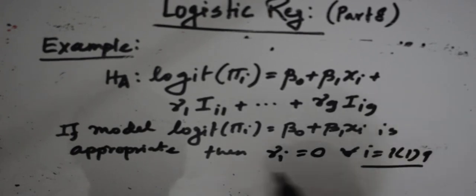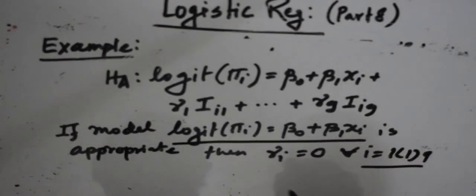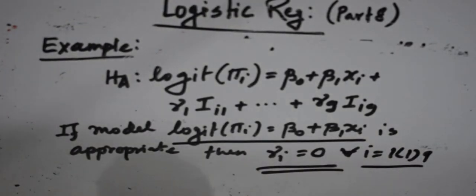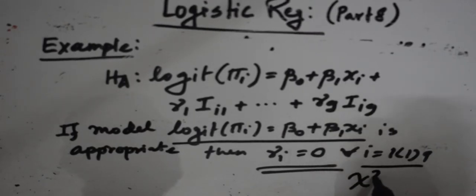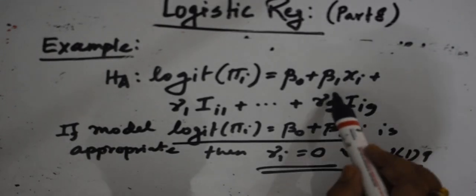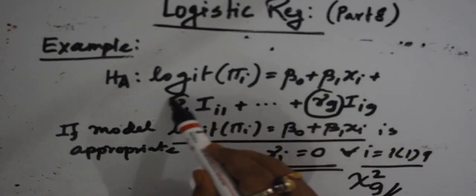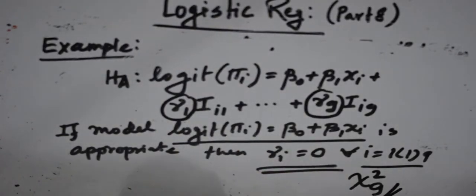So this is the null hypothesis, and each of these statistics would be approximated by chi-square with 9 degrees of freedom, because these are additional parameters, gamma 1 to gamma 9.